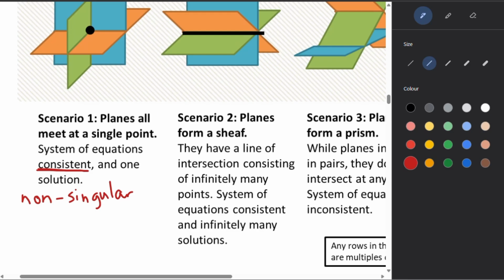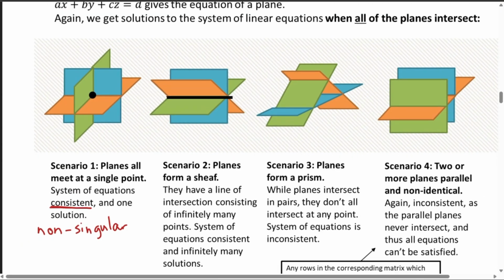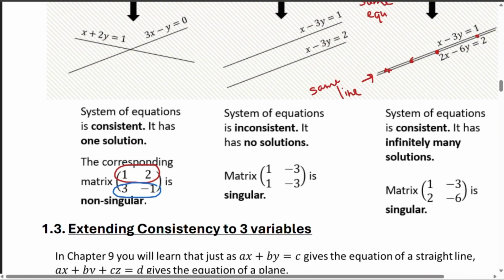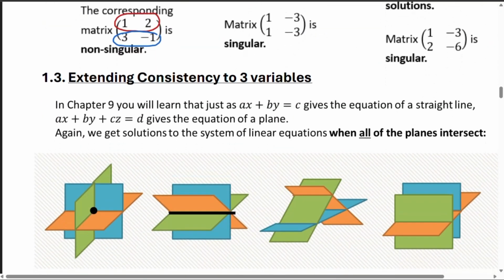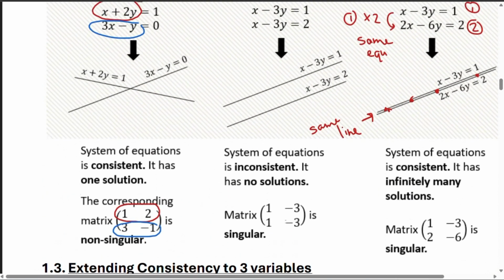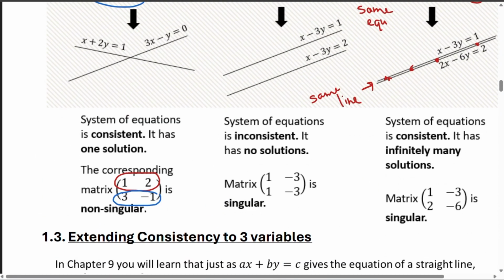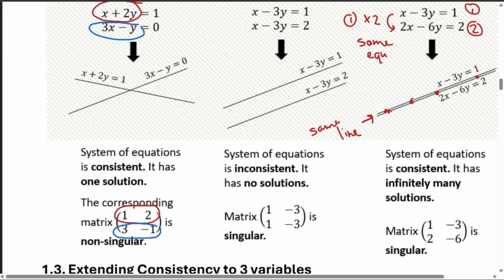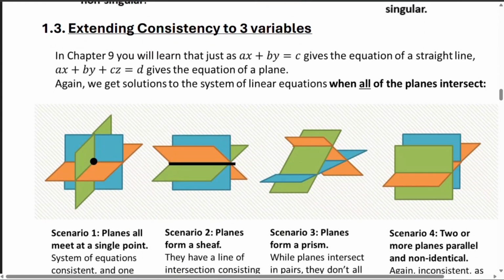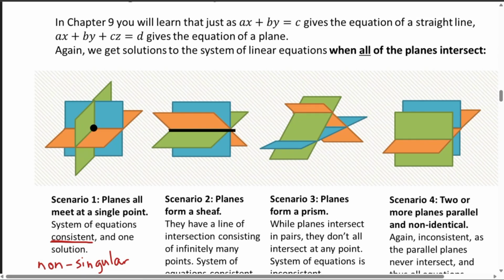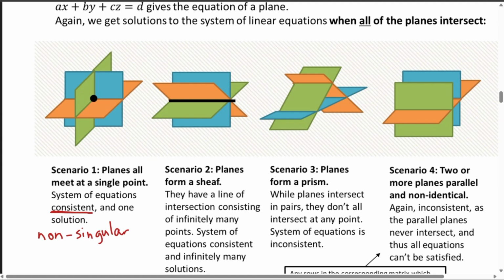Right, and then we have a sheaf of planes. That is, again, similar to the second, no, it's not similar to the second scenario on there at all. It's more similar, sorry, to the third one on there, where they're not the same line specifically, but they all intersect on a line. As you can see there, this is called a sheaf of planes.